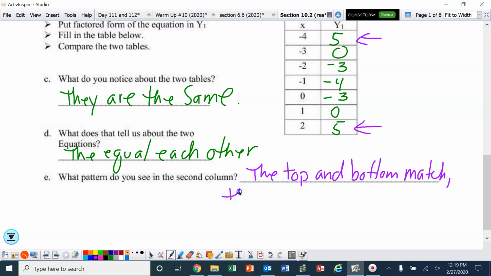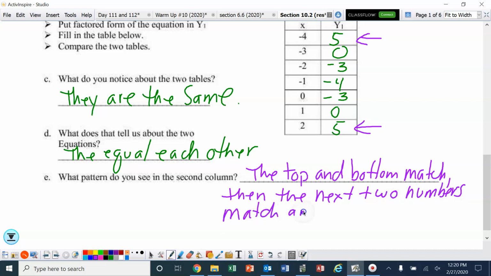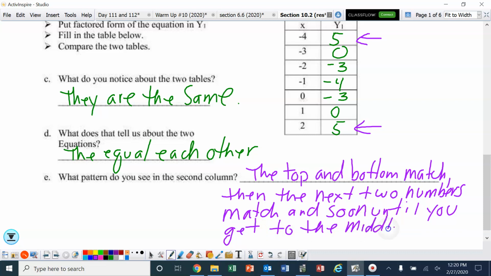Then the next two numbers match, and so on, until you get to the middle.